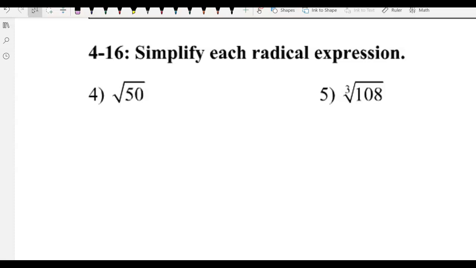Okay, 50. You can do multiple ways. You can find out the perfect square number straight up. What is the perfect square number for 50? When I say perfect square, give me a perfect square number. 4. Why is 4 a perfect square? 2 times 2.